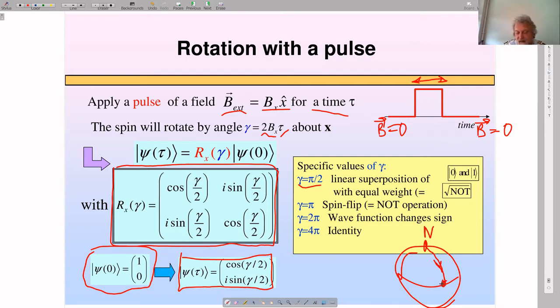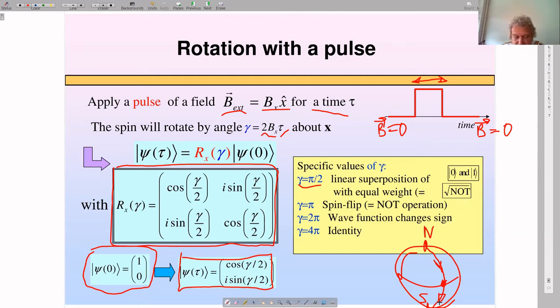So we have an equal superposition of 2 states. Let us rotate it once again by pi over 2. In this case, we go from the North Pole to the South Pole. So we flip the state of the qubit.